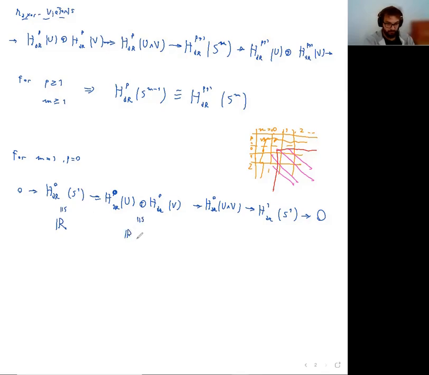This is R^2 because this is one connected component, this is one connected component, and this intersection has two connected components. Because these are the U and V in S^1. So again, we have R plus R. And this one is the one we don't know, but it's the one we care about.